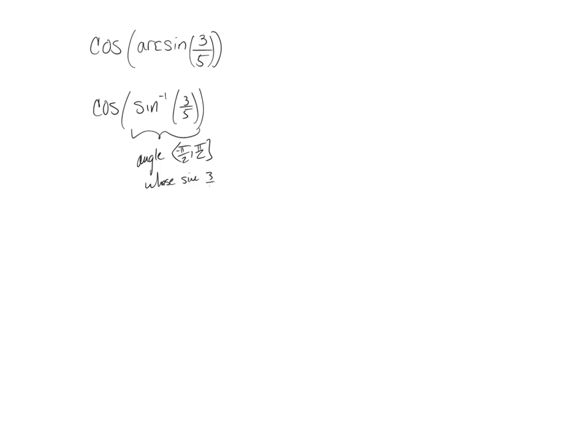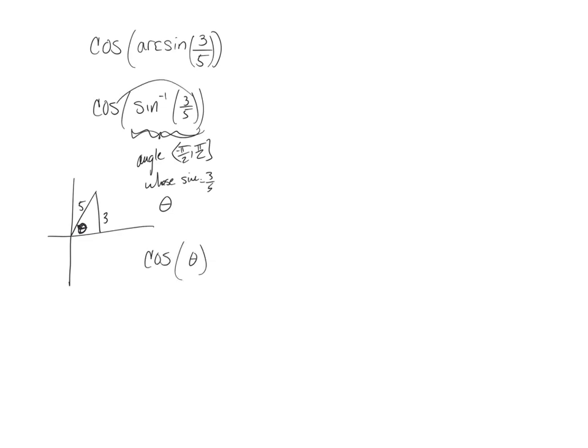is 3/5. Okay, so we can think about drawing that and say, okay, well, that angle must be here, and the sine is 3, which means its opposite side is 3 and hypotenuse is 5. So as long as you understand that that's talking about an angle, we could just call that angle theta, and then we're looking for the cosine of that angle.